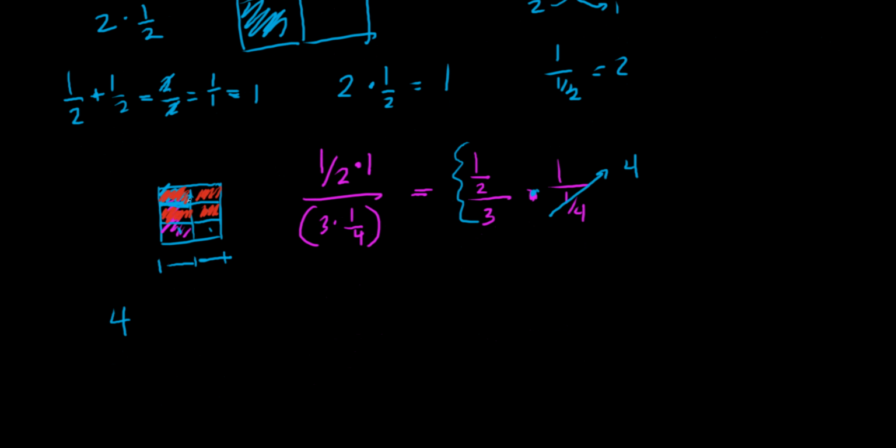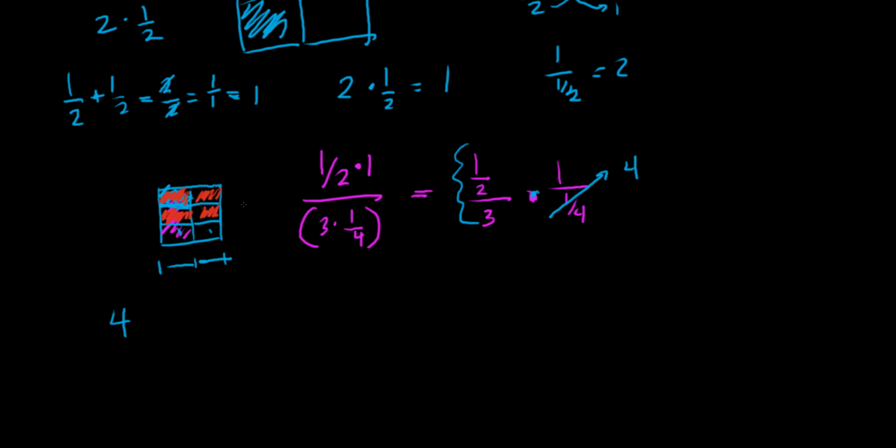You can think of this as 4/6, but you could think of this whole block being a third, and then this whole block being a third. And we have 2 of the thirds. So that's why that simplifies to 2/3.